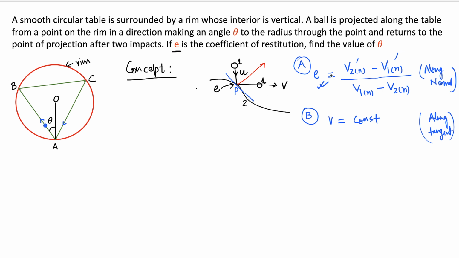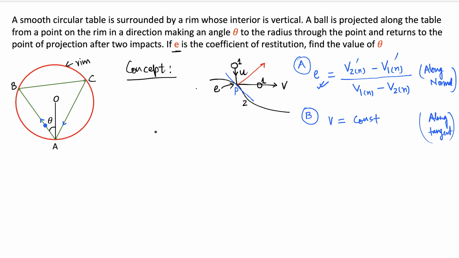So it says that E is equal to the velocity of the second object along the normal. Remember, all of these are vectors, so we need to take them along the normal. That's why this subscript n is coming. So velocity of the second object along the normal minus velocity of the first object after the collision. The prime is after the collision.